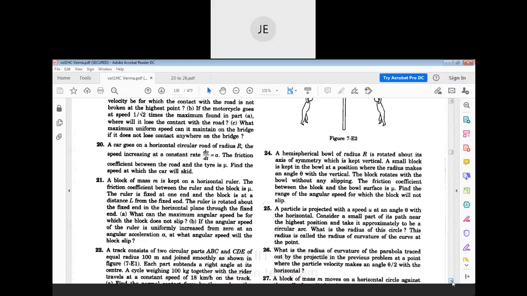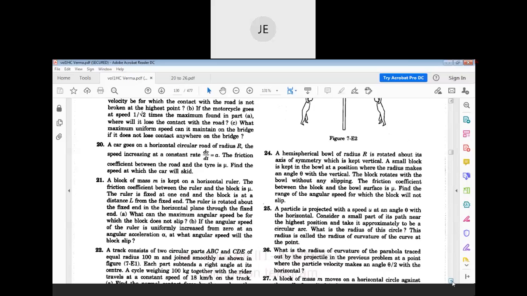The ruler is rotated about the fixed end in the horizontal plane through the fixed end. Okay, so there is a ruler, one end of the ruler is fixed and there is a block kept on the other end, at a distance L from the fixed end, and it is made to move in circular motion. Then what can the maximum angular speed be for which the block does not slip?